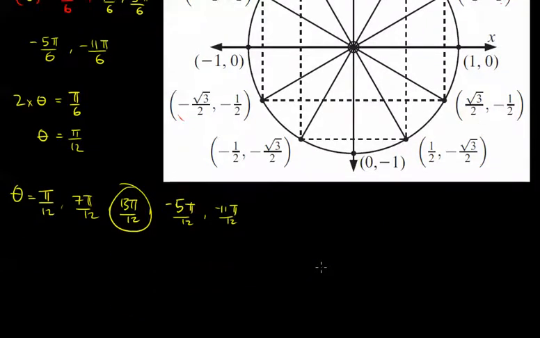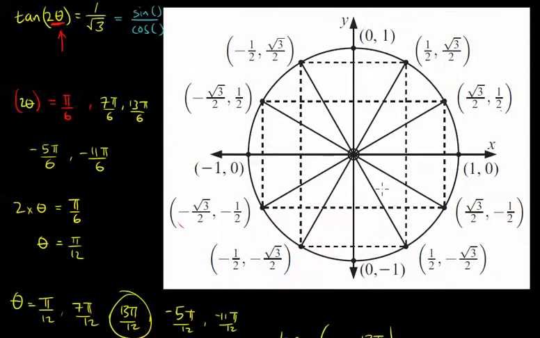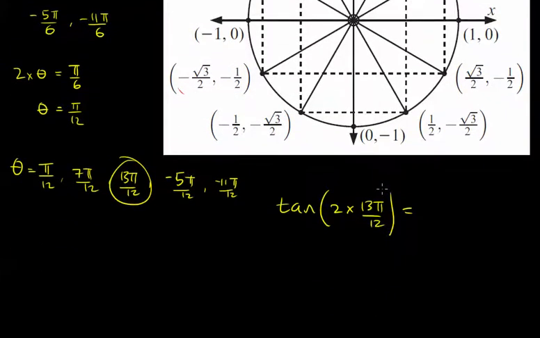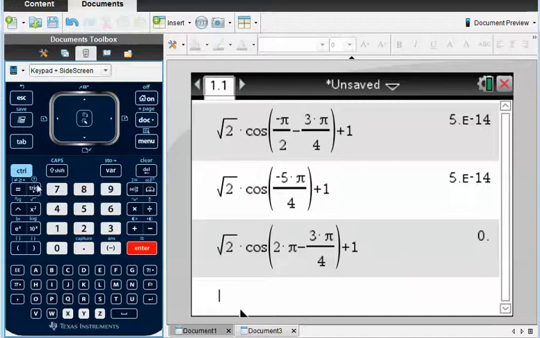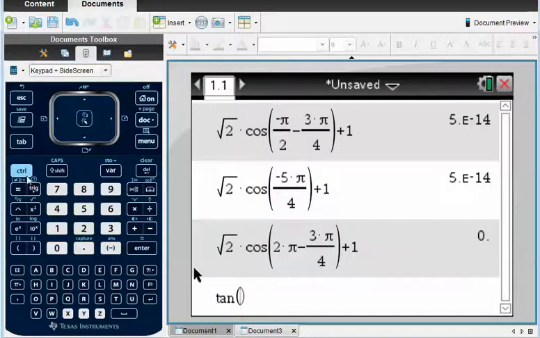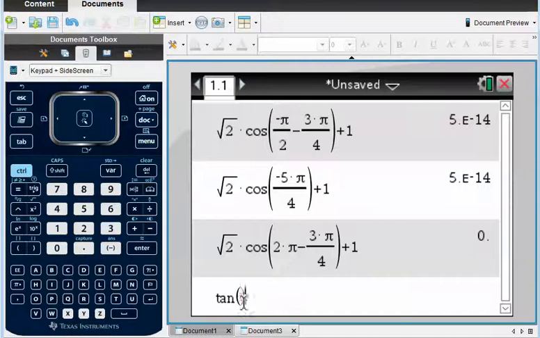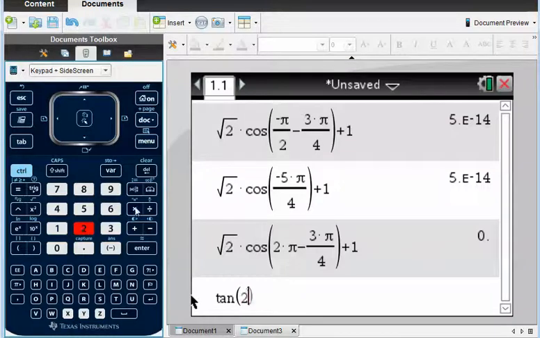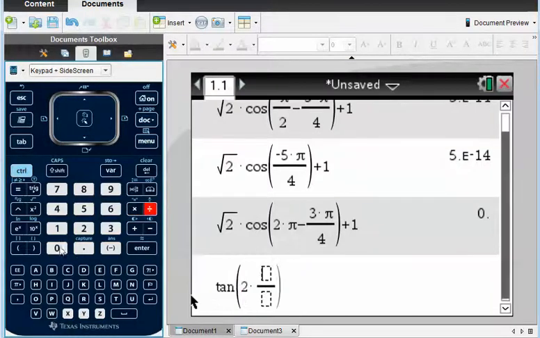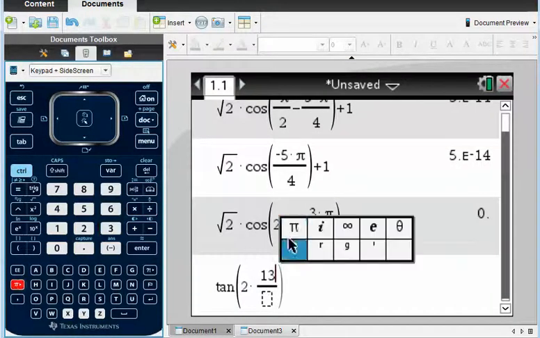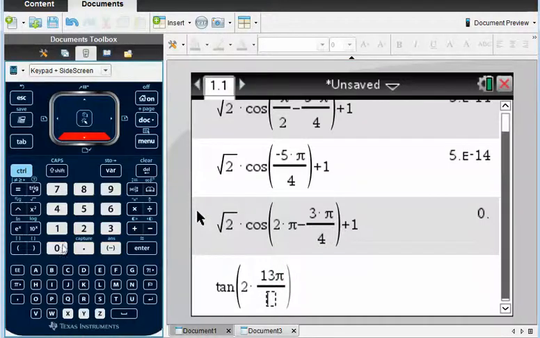Let's check that. Let's do tan of 2 times 13 pi over 12, and see if we get what we wanted, 1 over root 3. Let's go to our calculator. Let's do tan, and in the bracket we put 2 times 13 pi over 12.